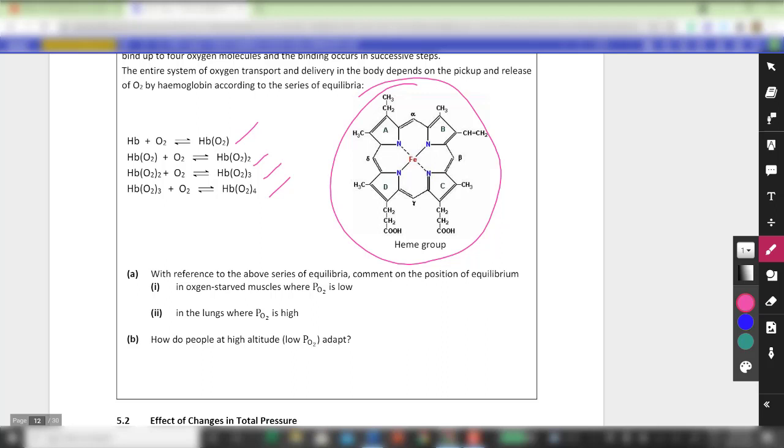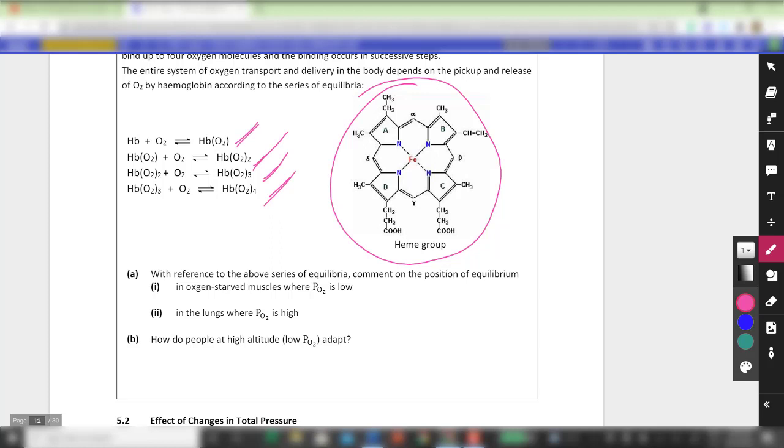When the partial pressure of oxygen is low, the oxyhemoglobin will release the oxygen to the oxygen-starved muscles because it needs oxygen, and for that to happen, it has to shift its position of equilibrium to the left. Whether we are talking about the one with 4 oxygen or 3 oxygen or 2 oxygen or 1 oxygen, it doesn't matter because it has to shift to the left.